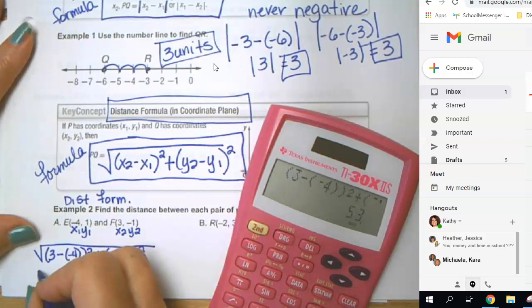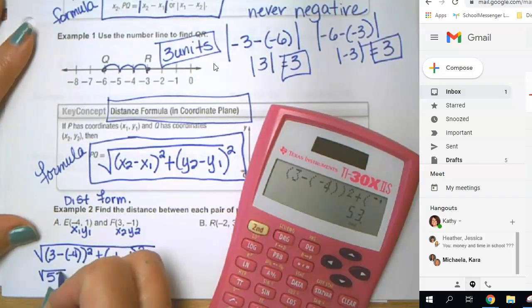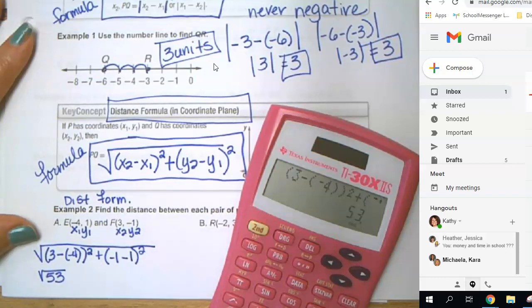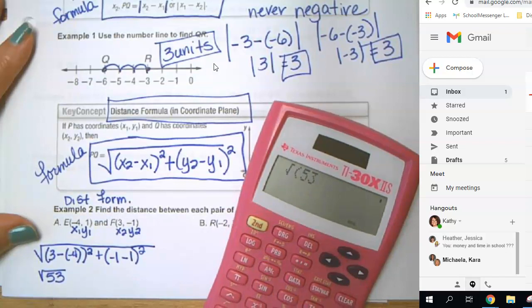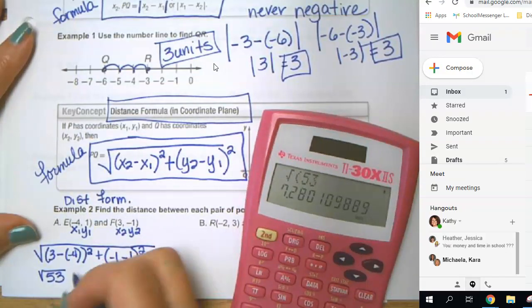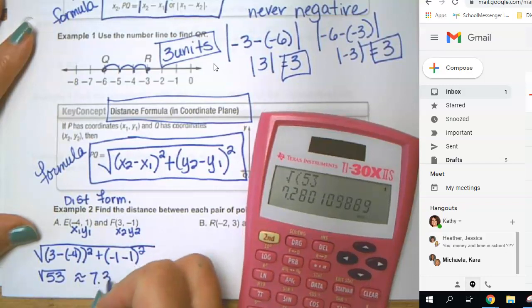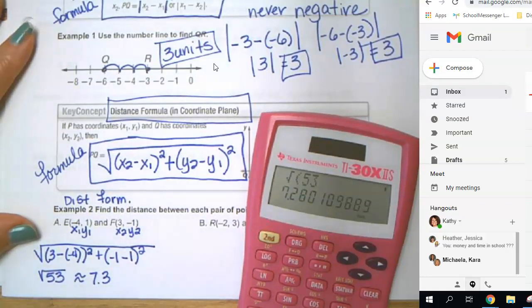Okay, so my answer is the square root of 53. The square root of 53 is simplified, so they might want your answer just like that, or they might want you to solve it. So square root of 53, and then we would round it to 7.3. So either one of those might be your answer.